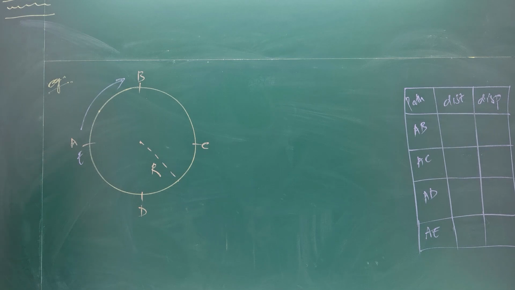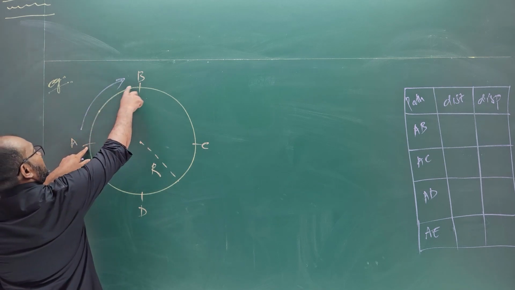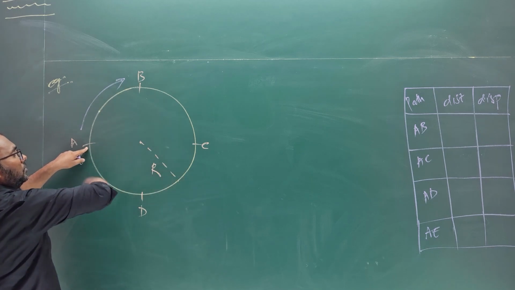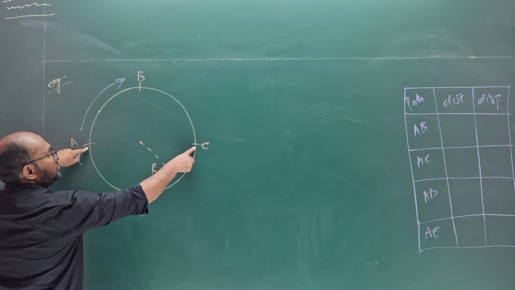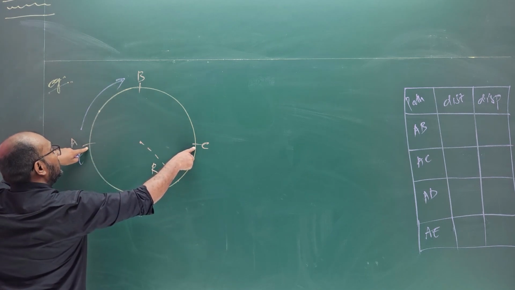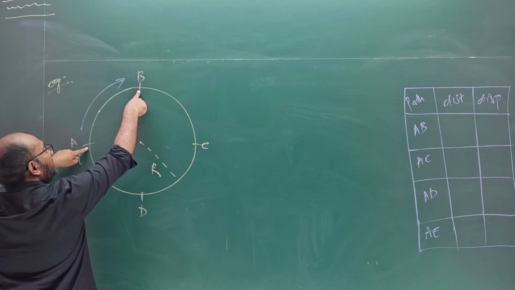Okay, how many of you got the answers? First one is AB. Can I say AB is this curved path? The whole circle circumference is 2 pi r, so half becomes A to C, pi r, and this becomes pi r by 2.